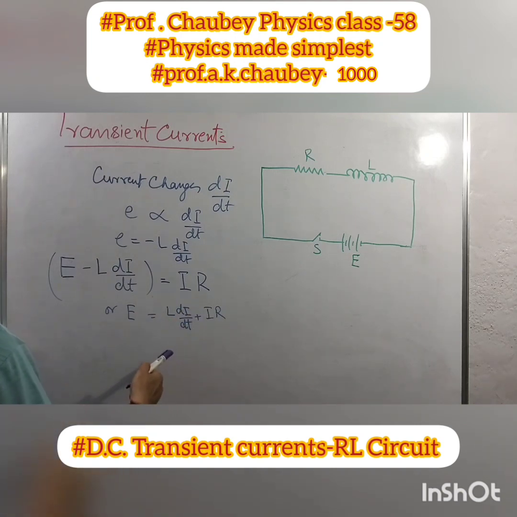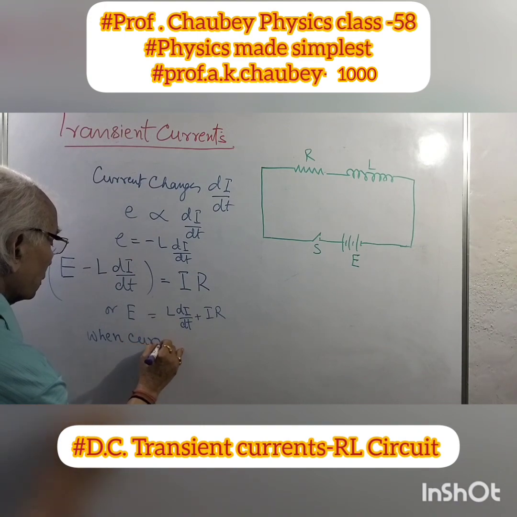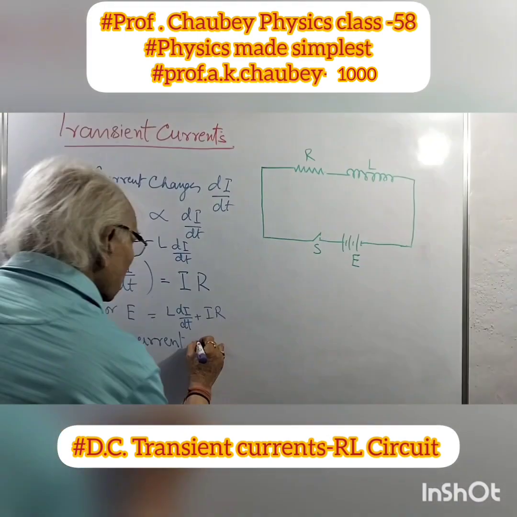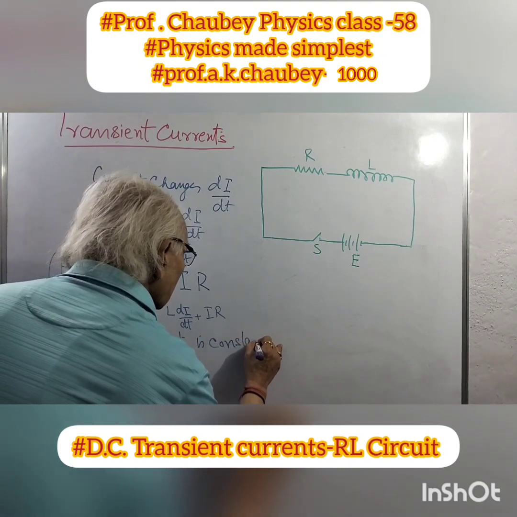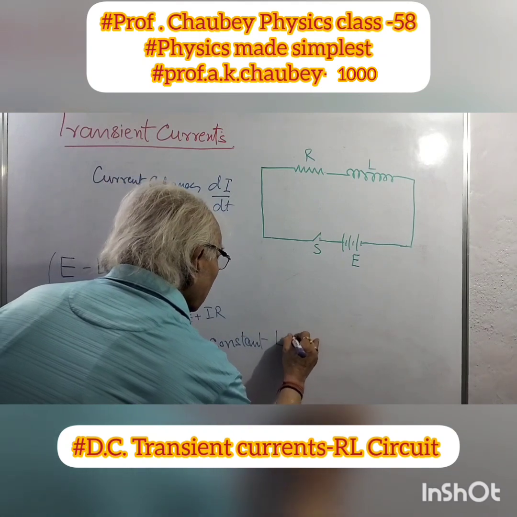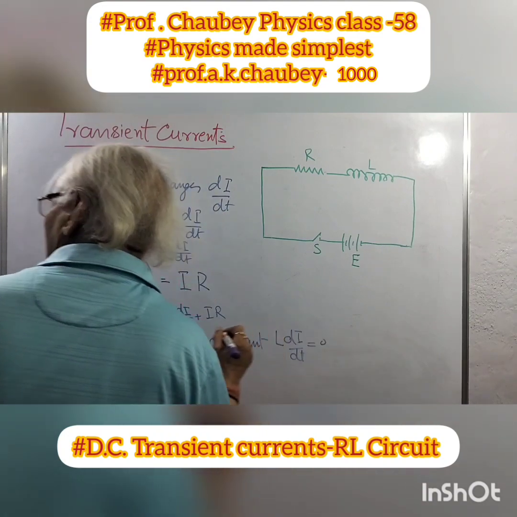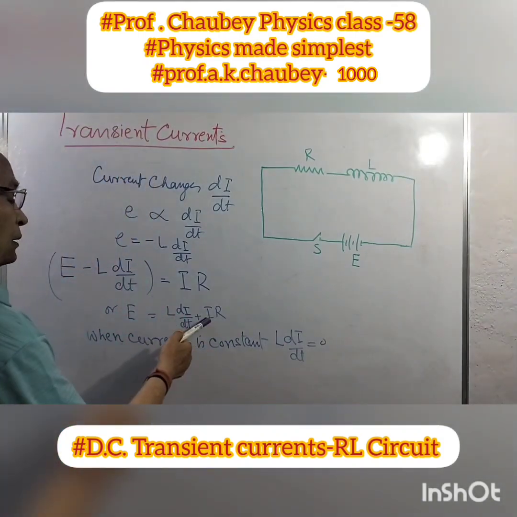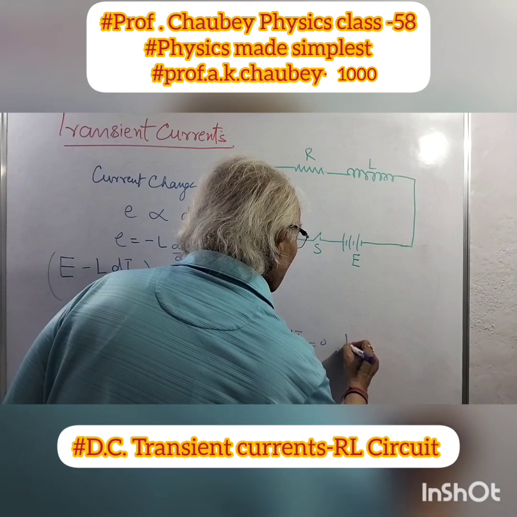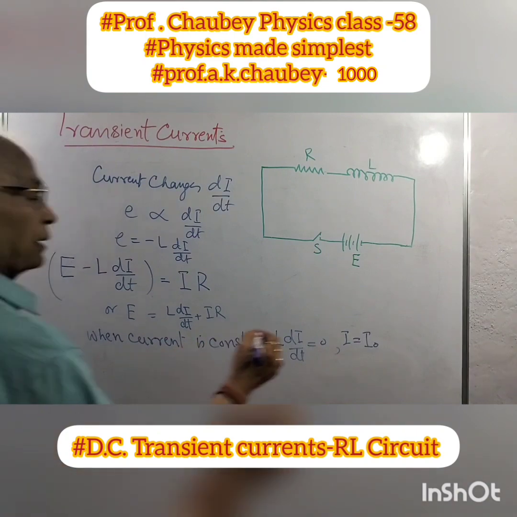When the current is constant, L di/dt becomes 0, and the current becomes I equal to I naught, the maximum current.